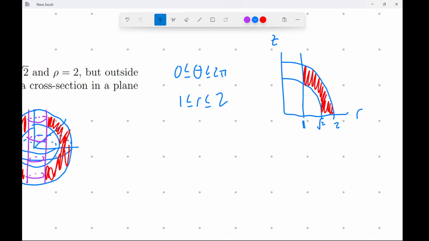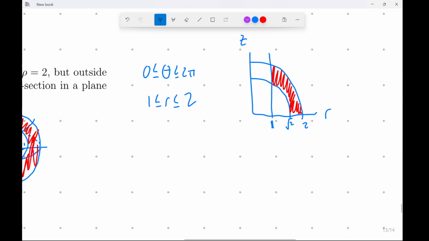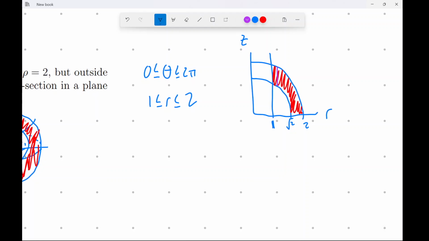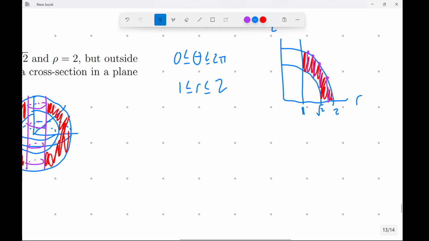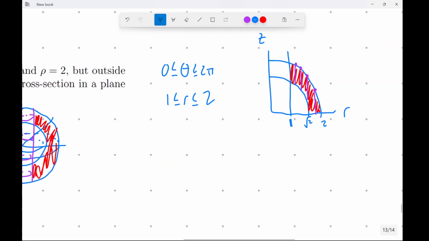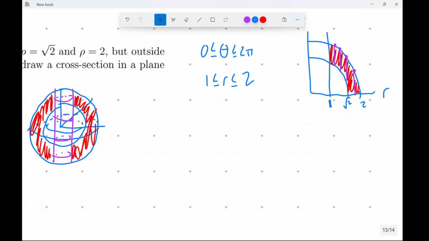Okay? And now we want to find our bounds for Z. And if we start drawing our cross sections in the Z direction, we run into a bit of a problem. It's always bounded above by this curve, Z squared plus R squared is equal to, or sorry, is equal to 4.